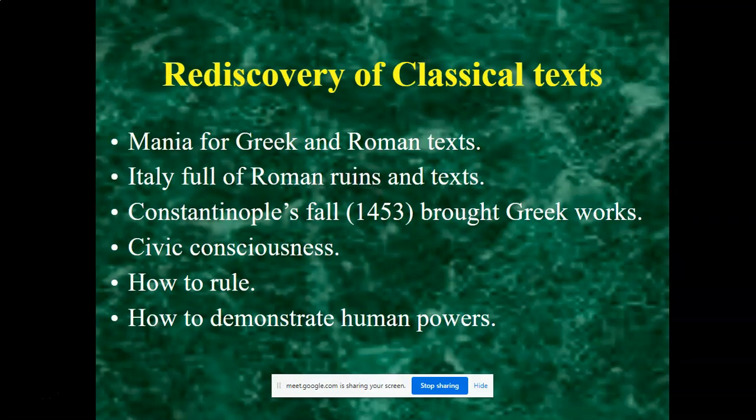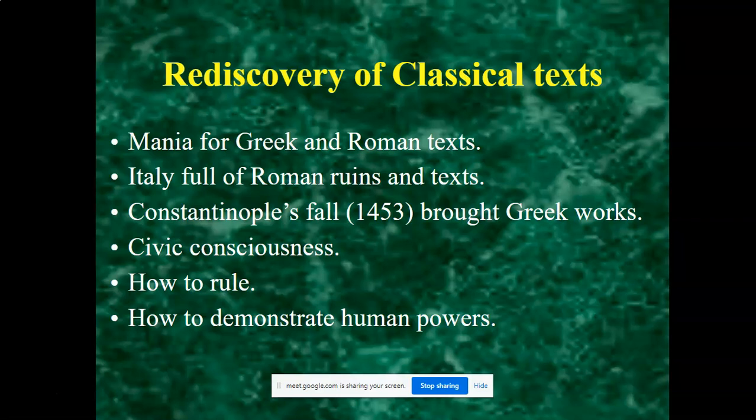So they decide that, or they find that, the answer to those questions is in Greco-Roman texts. First Roman texts in Latin, but then in Greek texts as well. So there's this mania, this craze for finding texts that had not really disappeared, but had been untouched for hundreds of years.